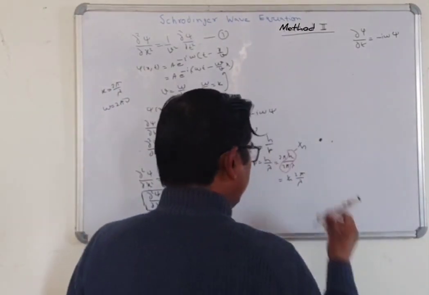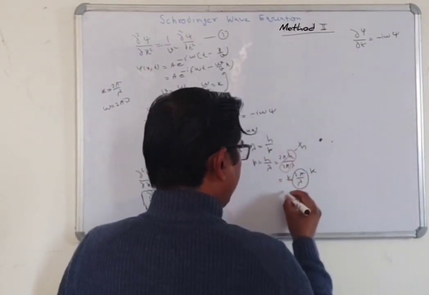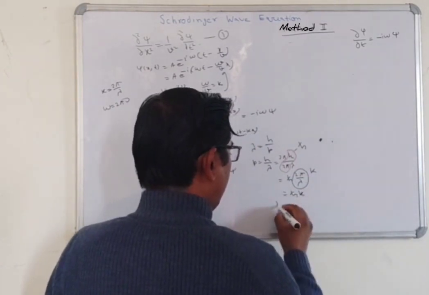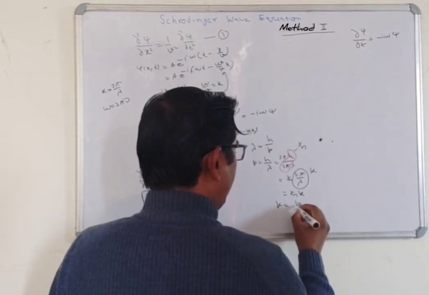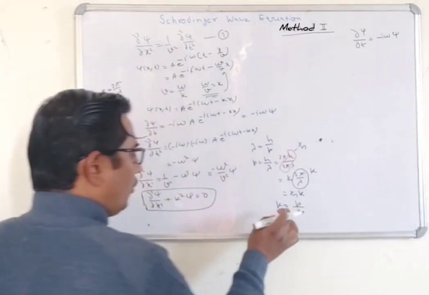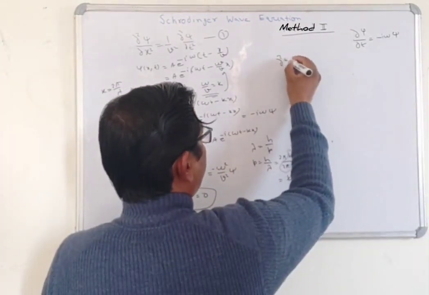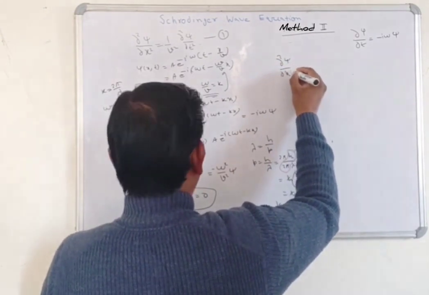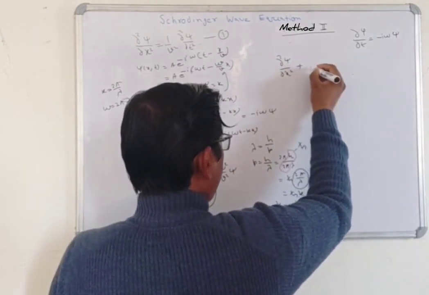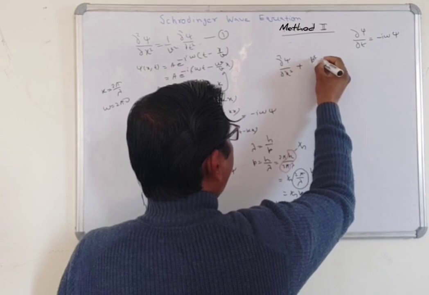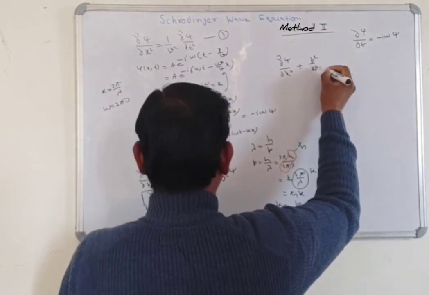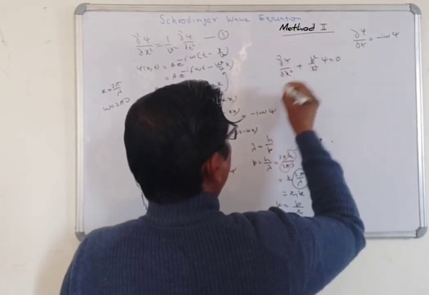So we can write h cut k. Now k is equal to p upon h cut. When we put this value here, d square psi by dx square plus p square by h cut square psi is equal to 0.